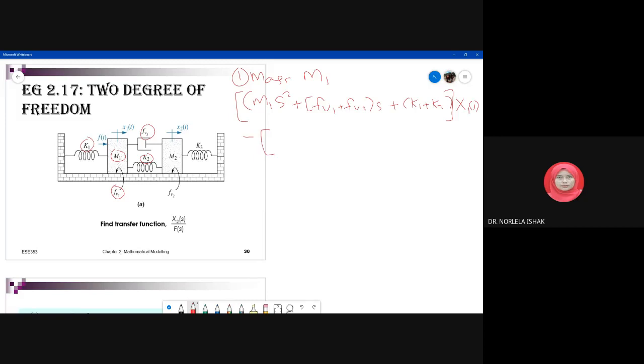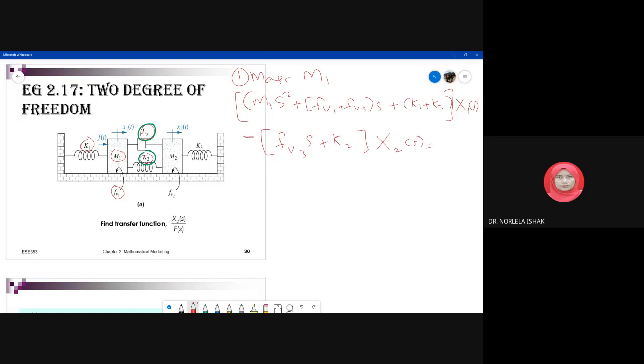Which one is related to motion X1 and X2? FV3 and K2, right? Okay, good. So equal to FV3S plus K2 and darab apa ni? X2.